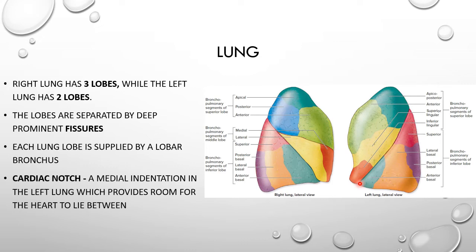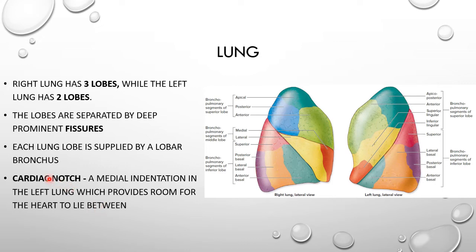Okay, so remember your bronchi divide into a right and a left. That's it. And there is what you call a cardiac notch, which is a medial indentation in the left lung. So remember, the cardiac notch is seen in the left lung, which provides room for the heart to lie between. So what is the cardiac notch?